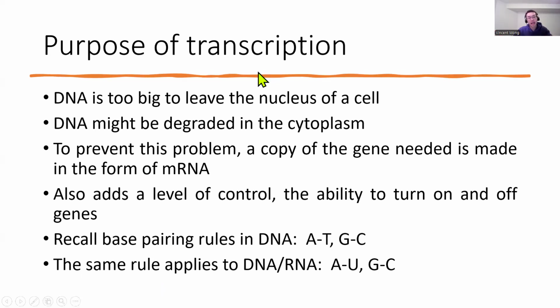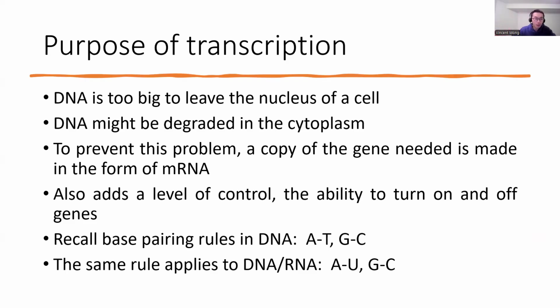And so by having the process of transcription, you are able to add a level of control to it. You can decide when to turn on the gene and when to turn it off. To turn on a gene means you will be converting it into a protein product. And to turn it off means we just leave it on the shelf, not going to use it at the moment. We can use it when we need to.